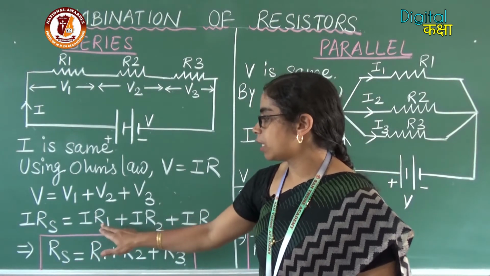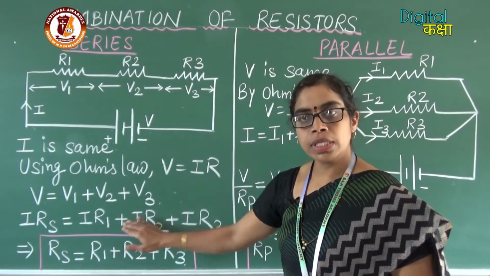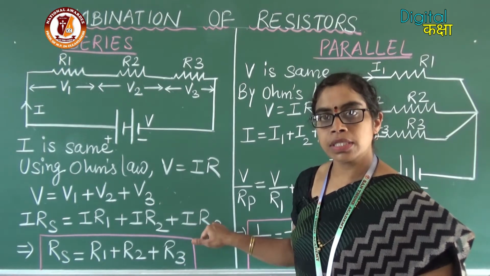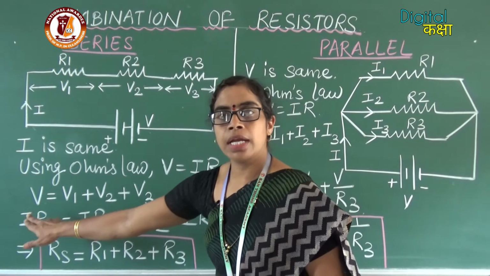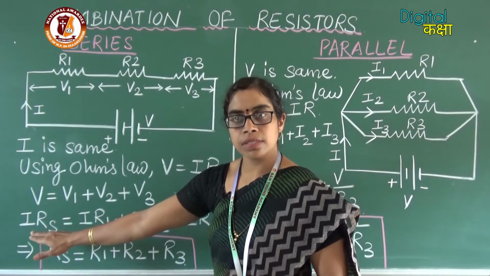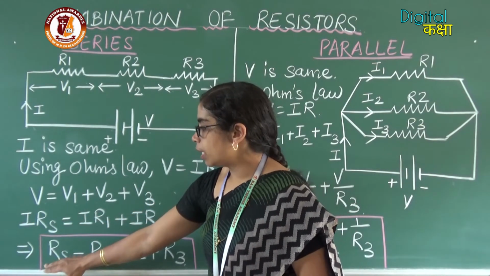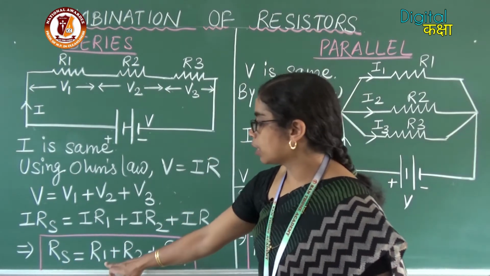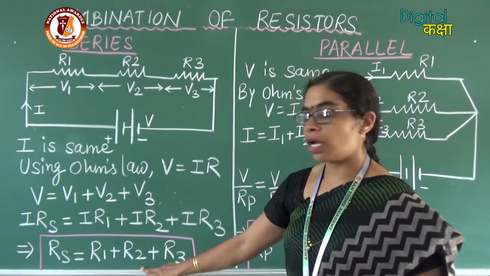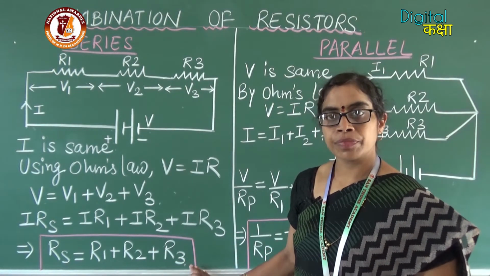When I is taken common from all three terms on the RHS, I on the RHS and I on the LHS cancel out, and we are left with the formula for Rs, which is equal to R1 plus R2 plus R3.